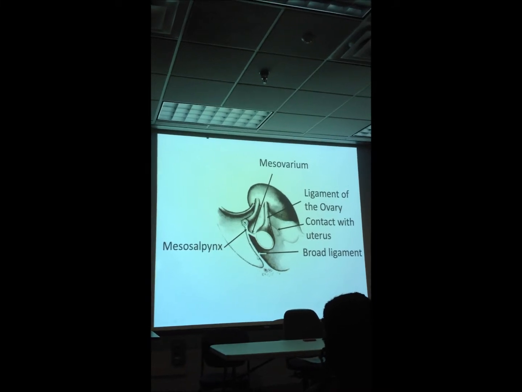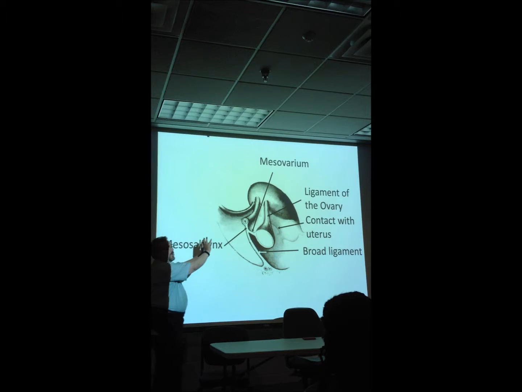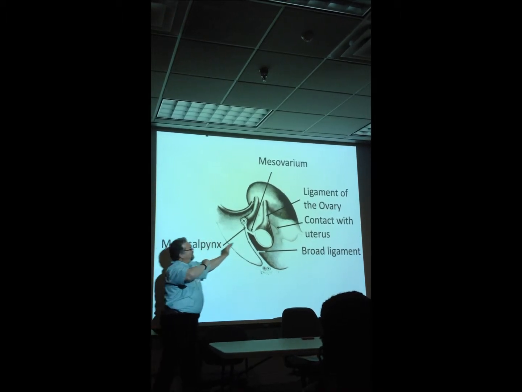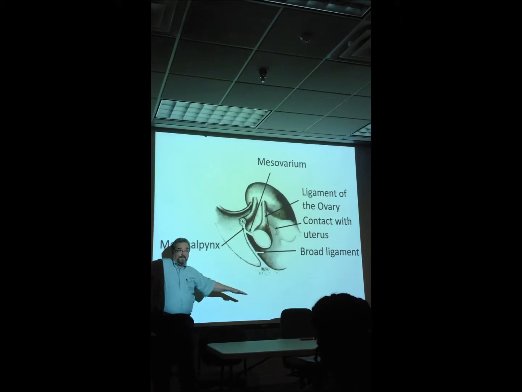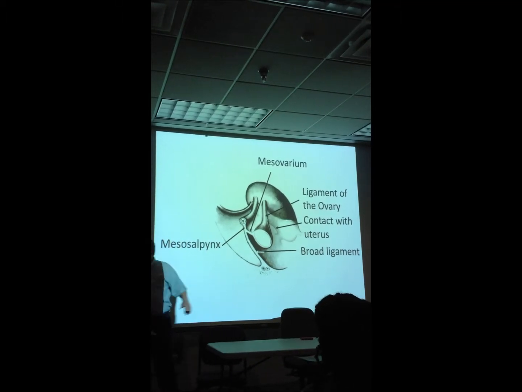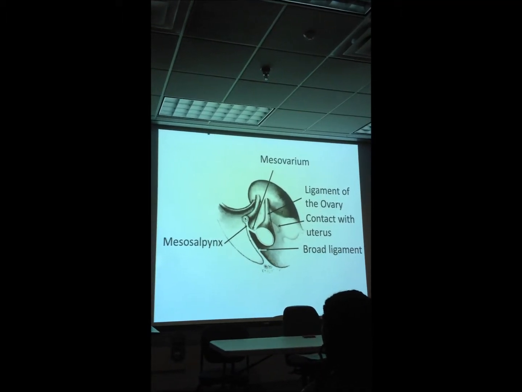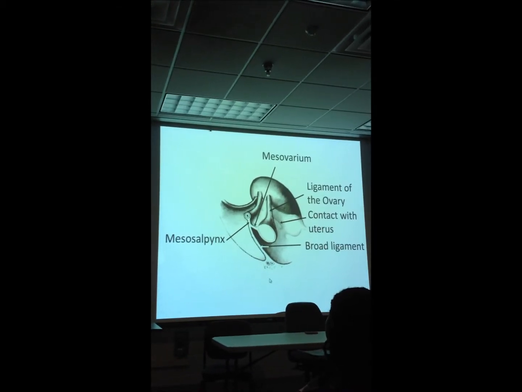This would be the left wall of the pelvis, right in here. The broad ligament would be going from the left wall of the pelvis over to attach to the side of the uterus, okay? That's what the broad ligament is going to be attached to, and this is going to be the position of the cardinal ligaments down here.